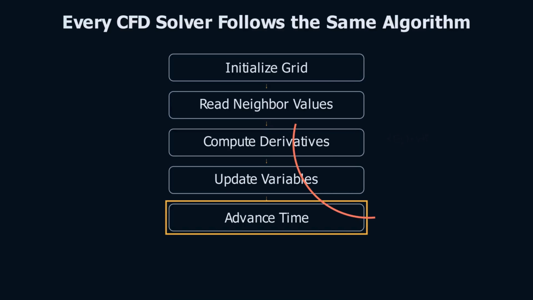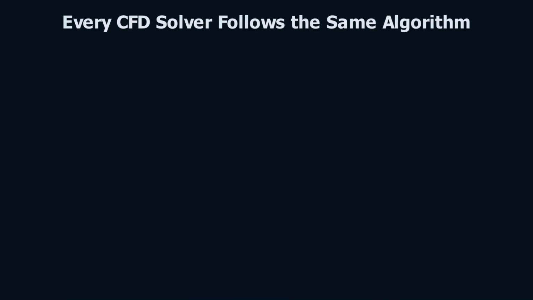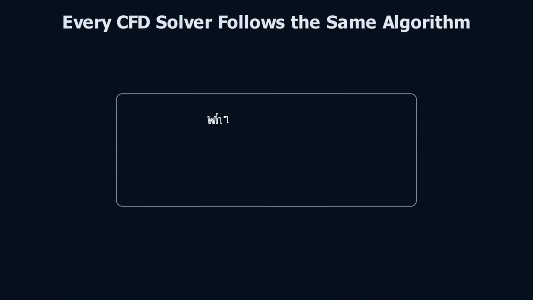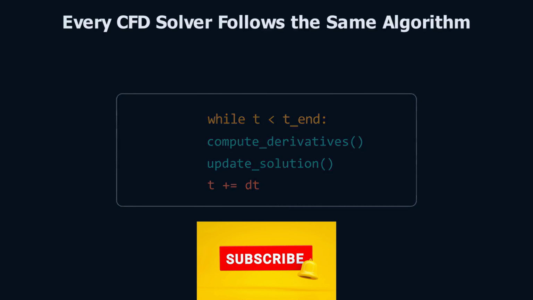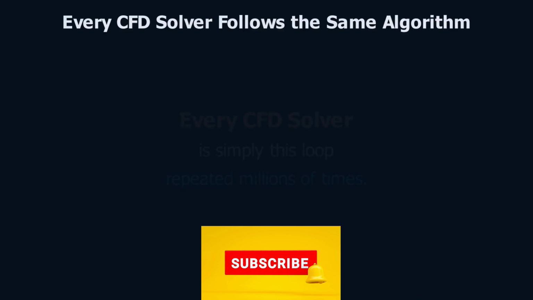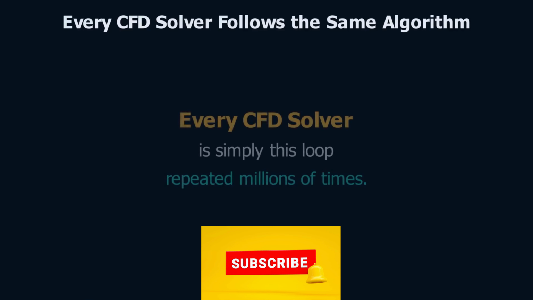The simulation simply repeats this cycle over and over again. In Python, this entire process becomes a loop. Everything starts with a time loop. Compute the derivatives. Update every cell. Advance to the next instant in time. Whether the software contains 100 lines of code or 1 million, every CFD solver is built on this simple idea.